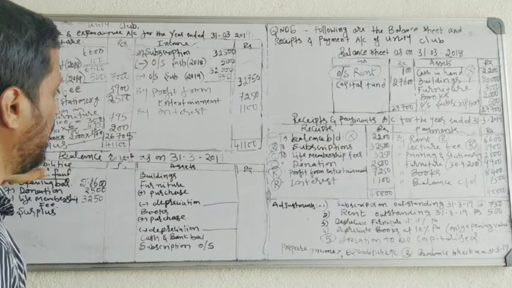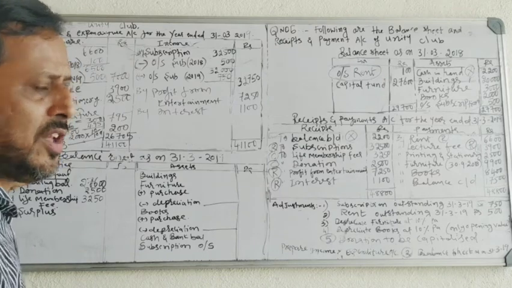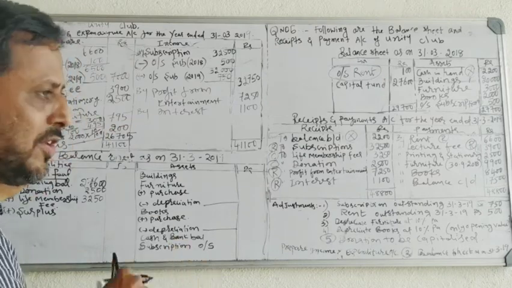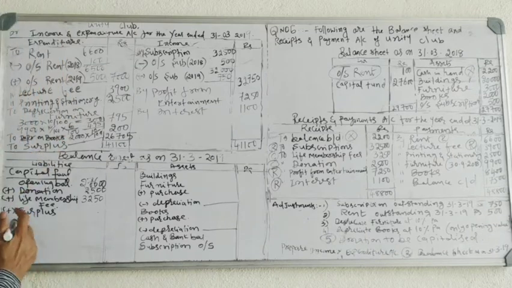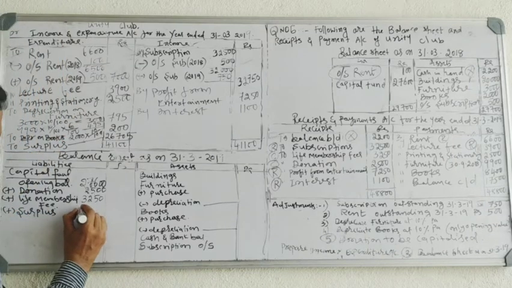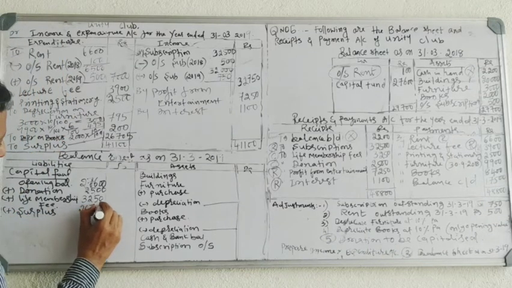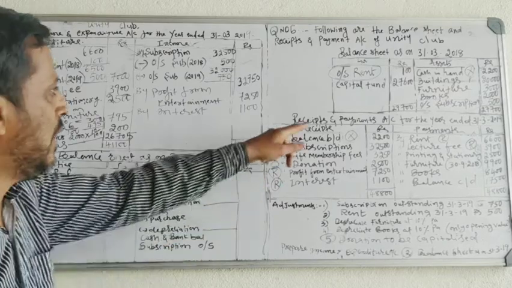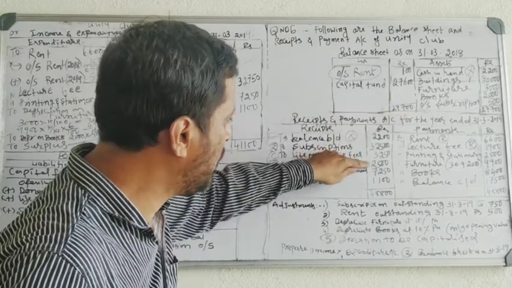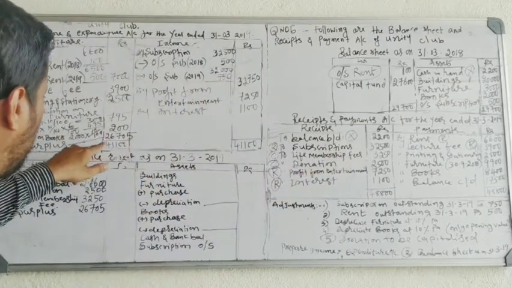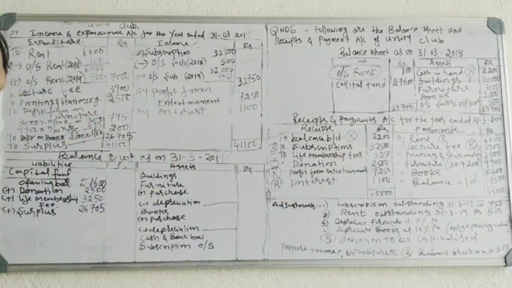If you have a surplus, add it; if there is a deficit, you have to minus it. But in this problem, you have a surplus. Add surplus 26,705. So total capital fund plus two capital receipts plus surplus, you will get the closing capital fund.